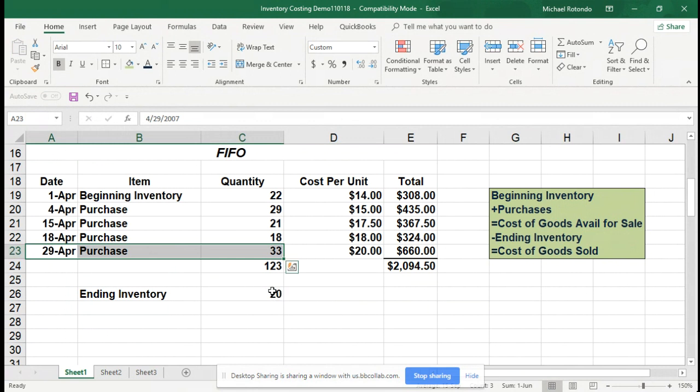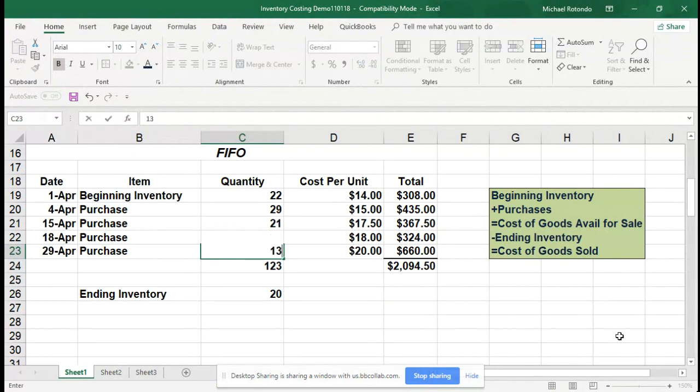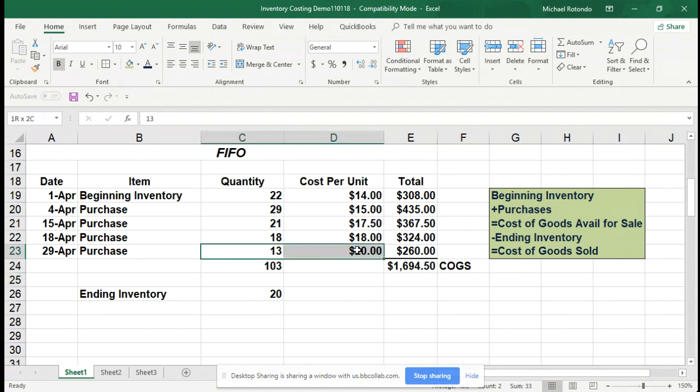So if I have 20 in ending inventory and I purchased 33, that must mean that I sold 13 of those from April 29th. So we're going to change this to 13. And that's going to give us a cost of goods sold under FIFO of $1694.50.